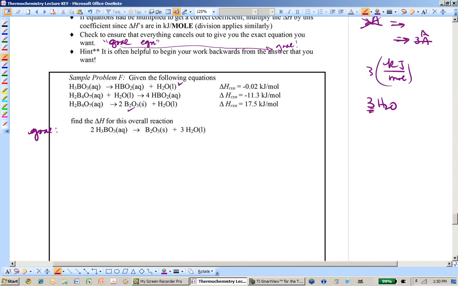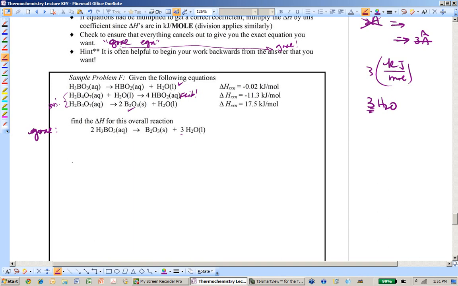I need that on that side, good. But this is bad. One of those has to be switched. So my first attempt at this is going to be to flip this one, so that I'll get H2B4O7 on the left and H2B4O7 on the right, so it can be canceled out. That's also going to put more water on the right, and I need 3 of them, so this could be a good thing. So that's my first inclination.